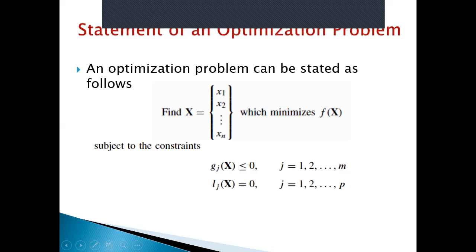For constrained, the optimization problem will look like this. Find optimized x for the given x values x1 to xn, which minimizes the value of function f of x for constraint conditions as gj of x should be less than or equal to 0, lj of x should be equal to 0.